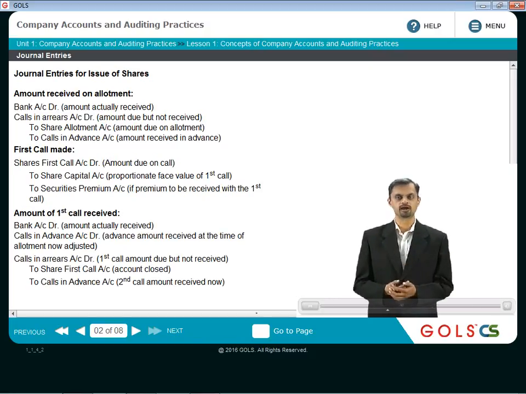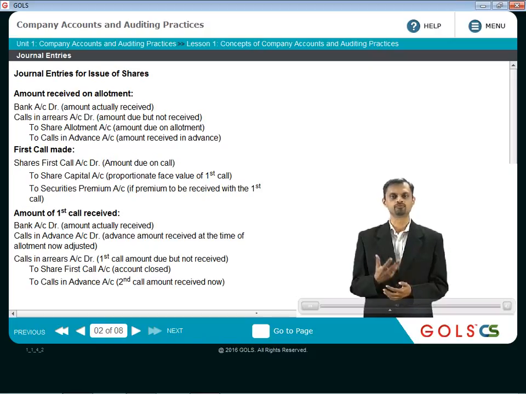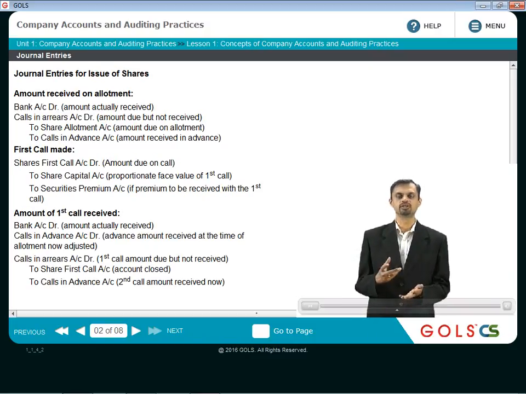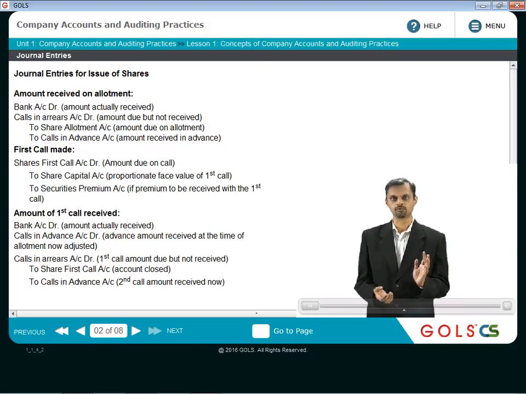So share first call account will be debited to the extent of money due on the call, to share capital, to securities premium. Now this securities premium will be there only if the premium is due along with the first call. If it is due only at the time of allotment, then here it will be just share first call account debit to share capital account. It is not necessary that the premium is always collected at the time of allotment.